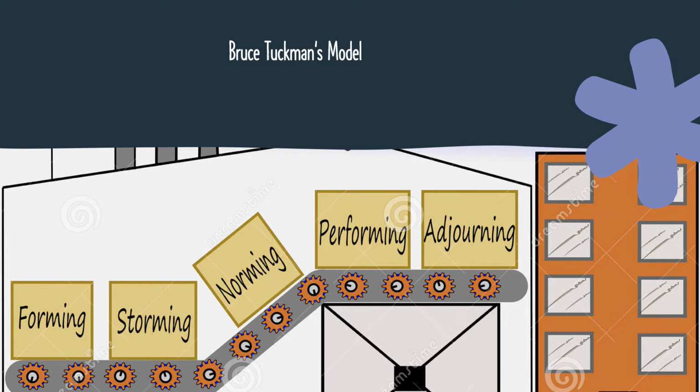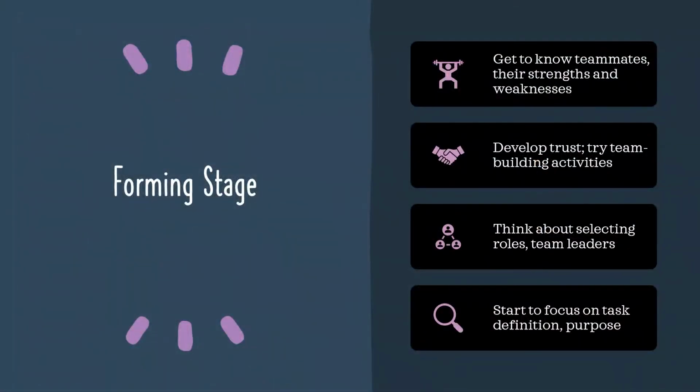Let's have a look at the first stage, which is forming. At this stage, the team members get to know each other. They try to understand each other's strengths and weaknesses. As mentioned earlier, in a team there may be people with certain definite skill sets.